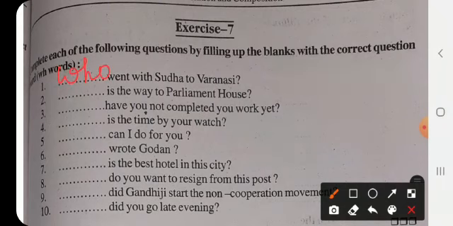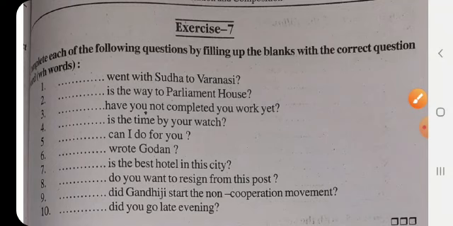Who went with Sudha to Varanasi? Next, blank is the way to Parliament House. Which is the way to Parliament House?